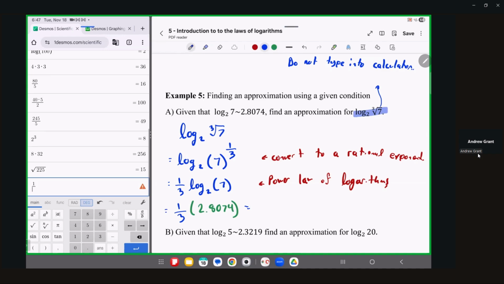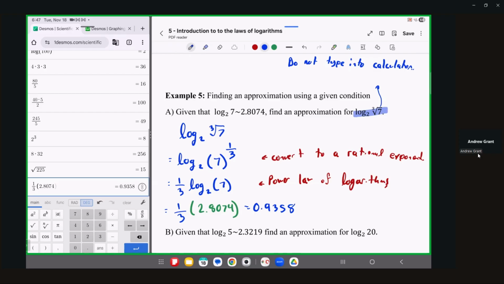So here it's okay to use a calculator because again the textbook knows that you know what you're doing at this point. And so we would write our solution as 0.9358. If you really wanted to, you could work that out by hand, but I think we'll leave it like that.